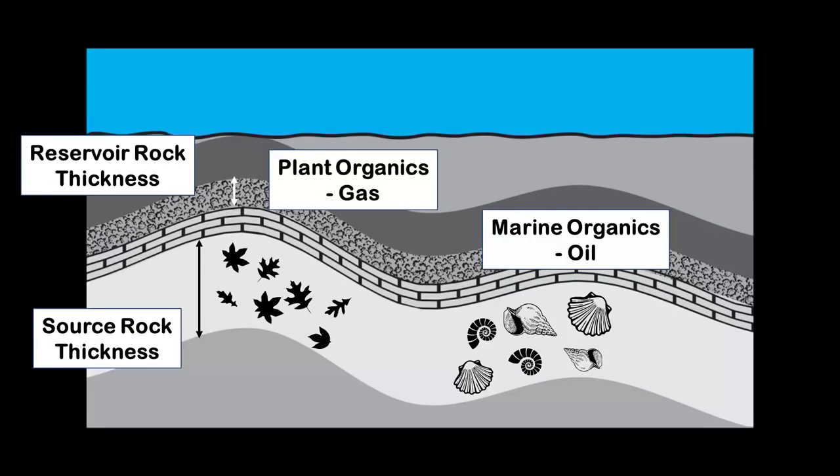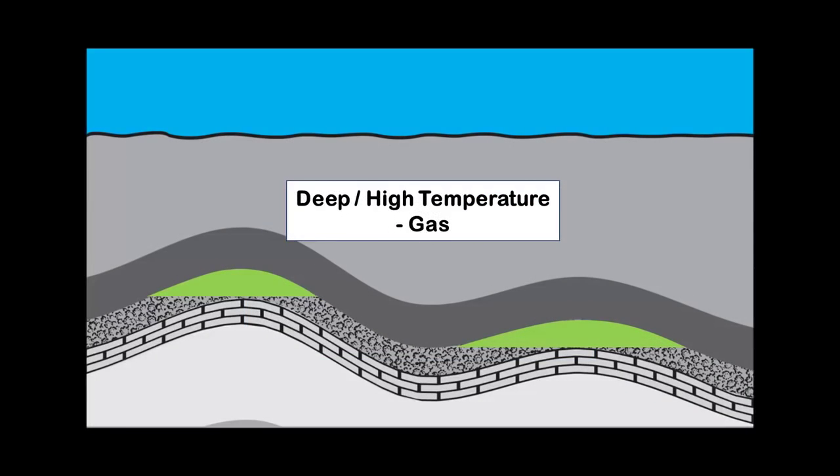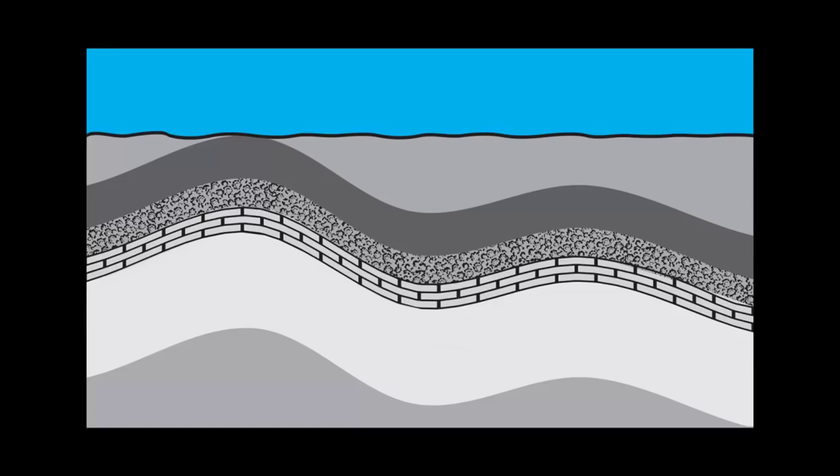Further, hydrocarbon types are also based on depth and temperature. If the source rocks are shallow and cooked at moderate temperature, oil will be produced. If the source rock is deep and at high temperature, gas should be produced. Or there's always the possibility that both oil and gas are present in the reservoirs.